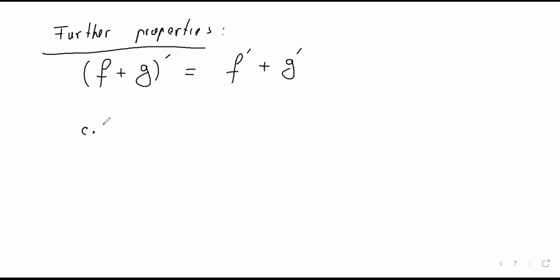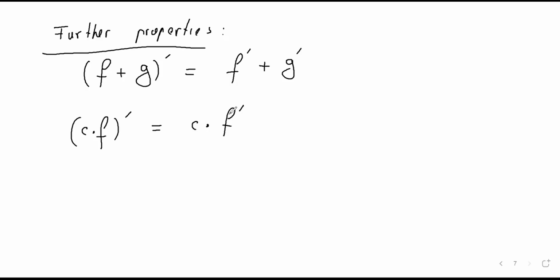And also C times f primed is C times f primed. In other words, if you multiply a function by a constant and you calculate the derivative, that's the same as saying C times the derivative f prime. All right, folks.